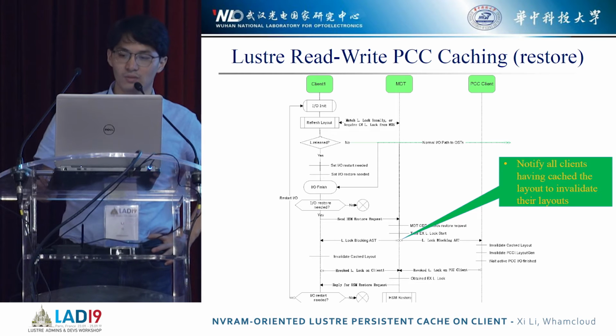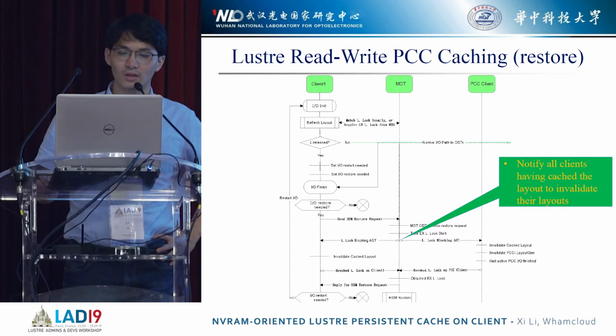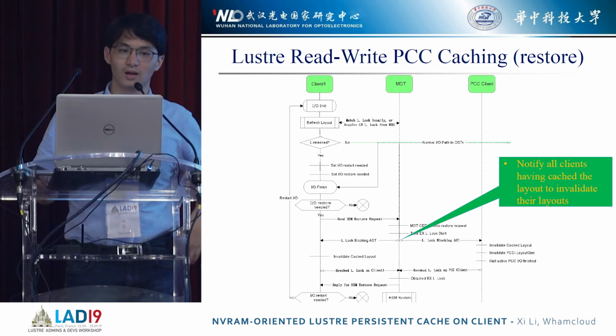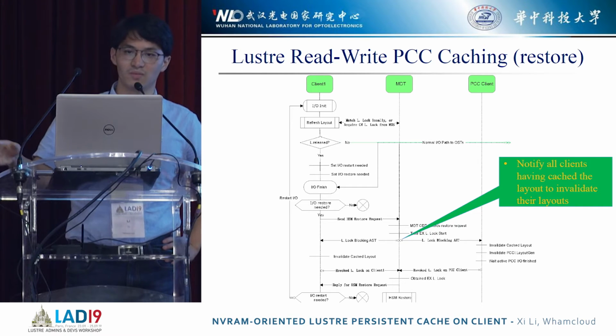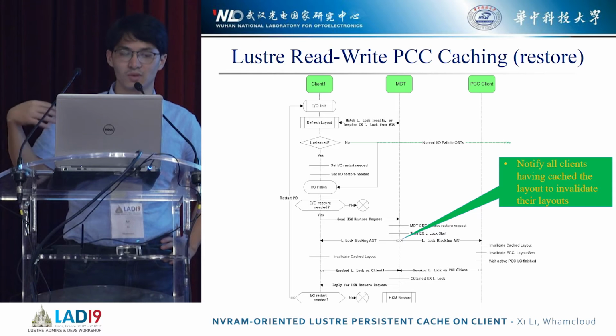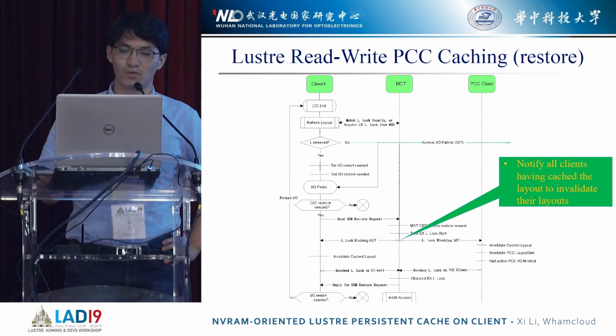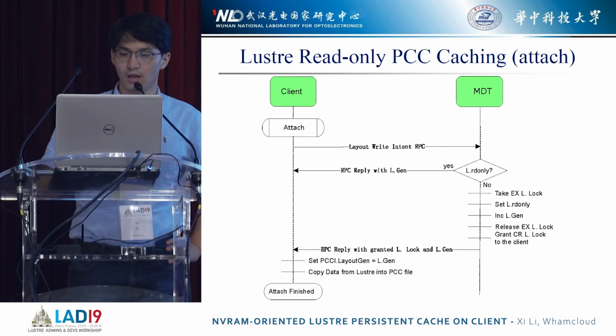At the same time, if multiple clients access the data remotely from the PCC storage, there will be a restore step to flush the data from the PCC to the OST to make sure that the data will be accessible from the remote clients.